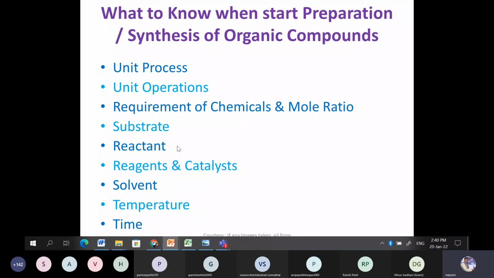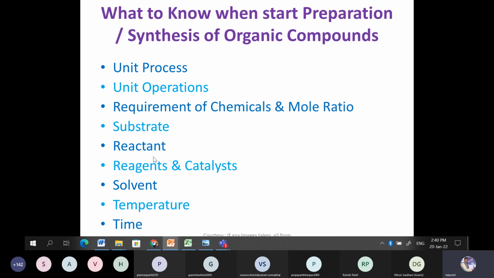Substrate means the substance on which the reaction will take place, meaning we can say raw material or starting material. Suppose if you want to carry out nitration on benzene, then benzene is known as substrate.